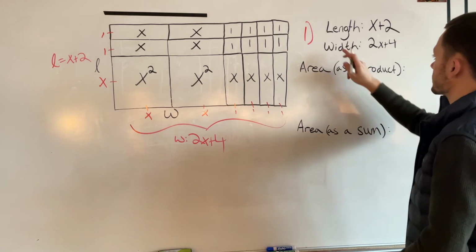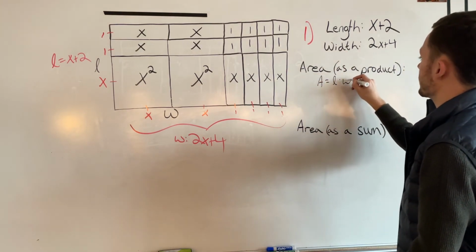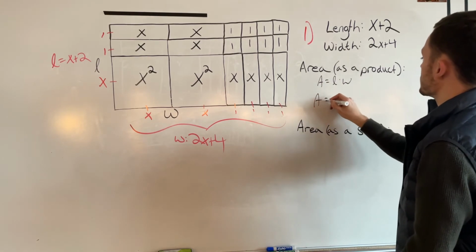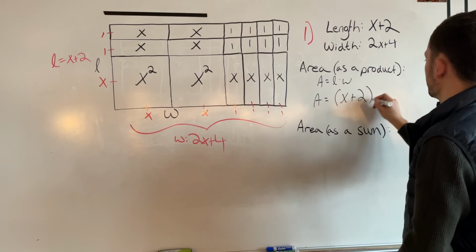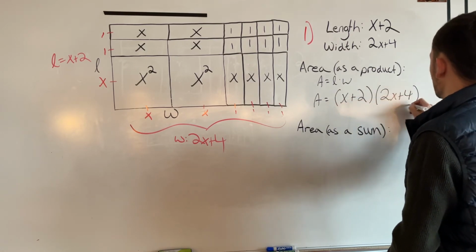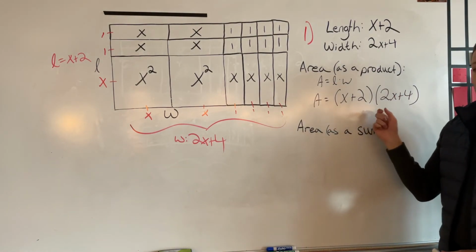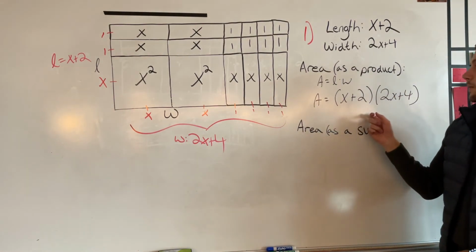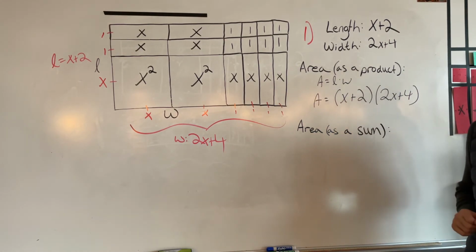As a product of my length and my width, because the area of a rectangle is length times width, the area is just going to be x plus 2 times 2x plus 4. So this would be my area written as a product. This would be the answer that I'm looking for right here in parentheses. There's no need for you to multiply it out.